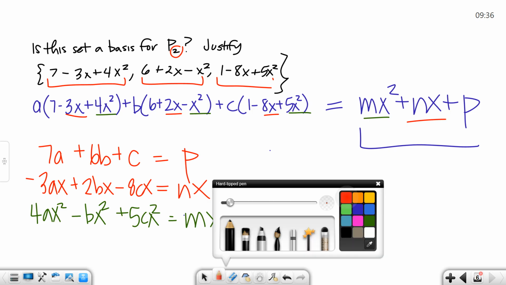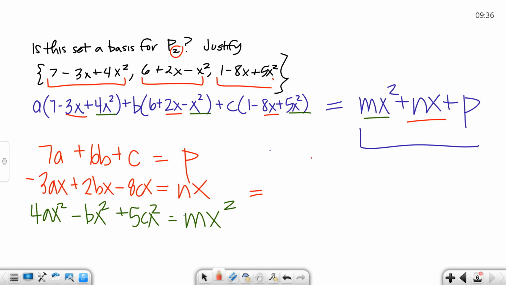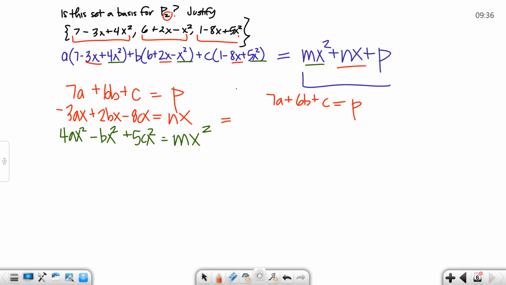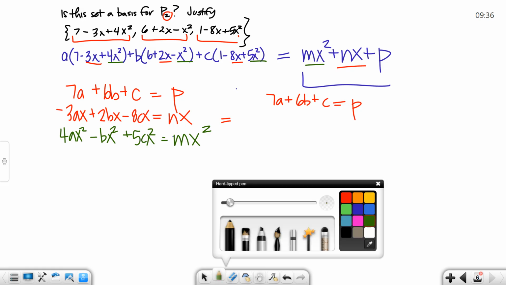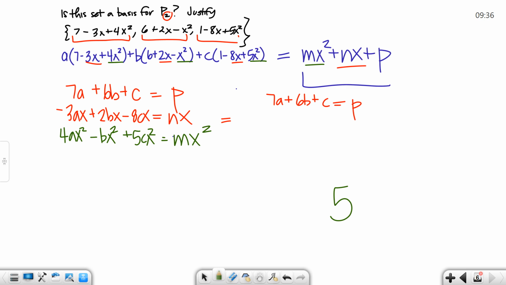Now let's rewrite it a little bit, make it a little bit more friendly. So this is going to be 7a plus 6b plus c equals p. Now, the way that you're thinking about that second one with the x's, and we talked about this in our last class with a basic example. Back in the day, you added basic polynomials that look like this, 5x plus 3x, and you know that that's an 8x. But what you were actually doing there is you took the 5 plus 3 and worked those on the front and you just put it in front of an x.